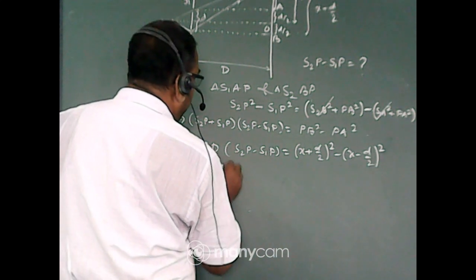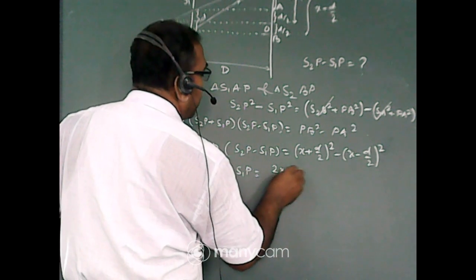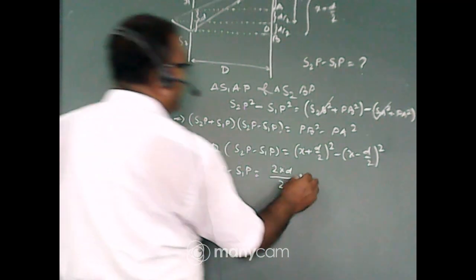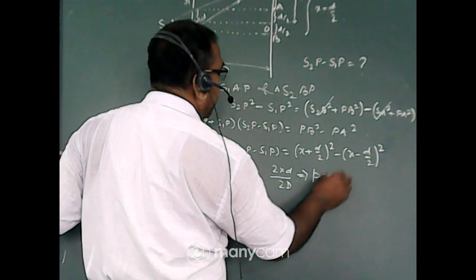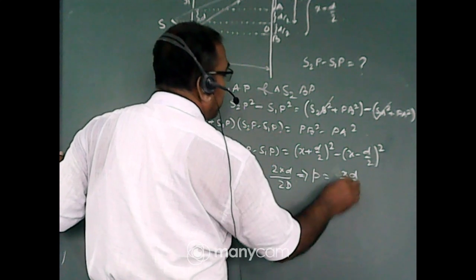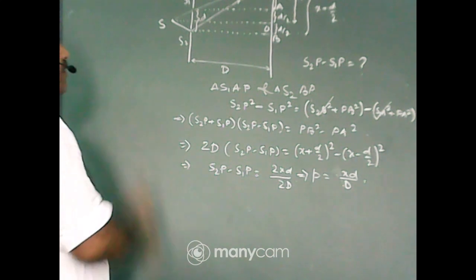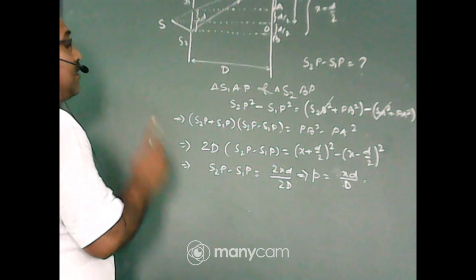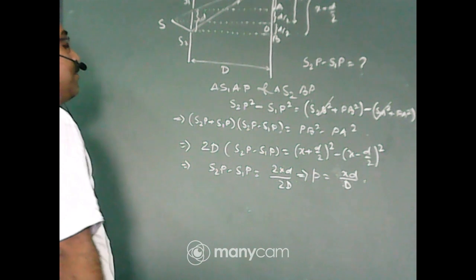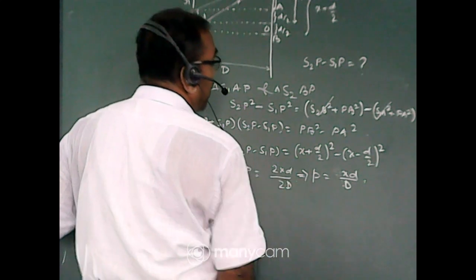So S2P minus S1P equals 2xd by 2D, that is xd by D. This is the path difference. According to the interference pattern, the path difference p equals n into lambda.